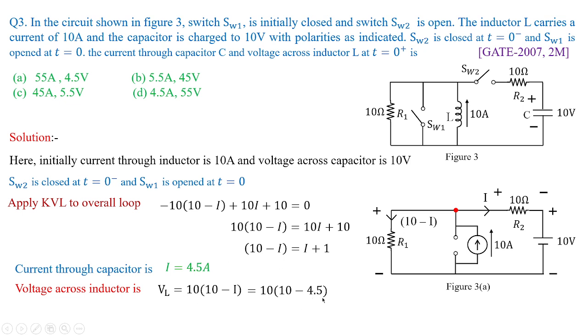So we'll get the value of voltage as 55 volts. In fact, this is the voltage across resistor R1 connected parallel to the inductor. So it's a very good problem from a basic concept point of view. This was asked in GATE 2007 again for 2 marks.